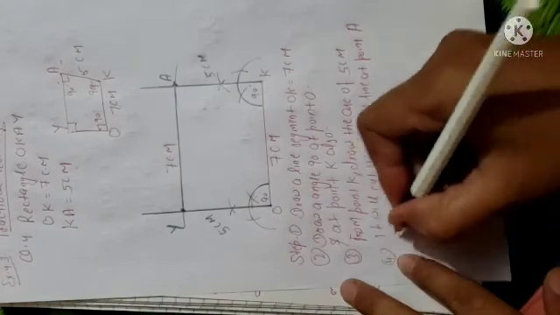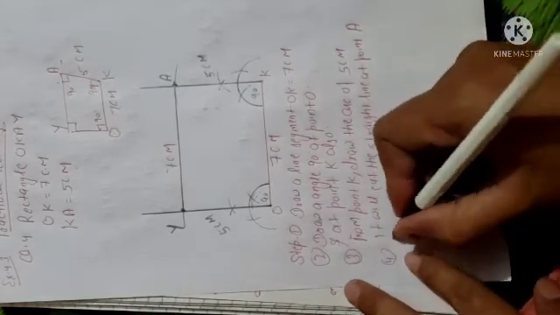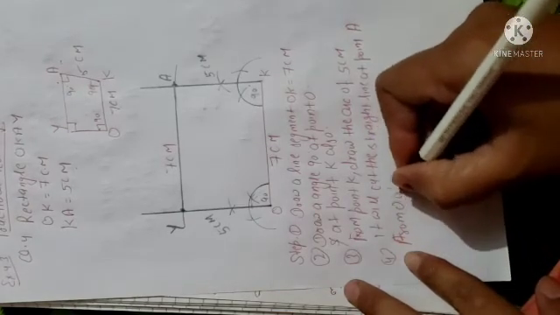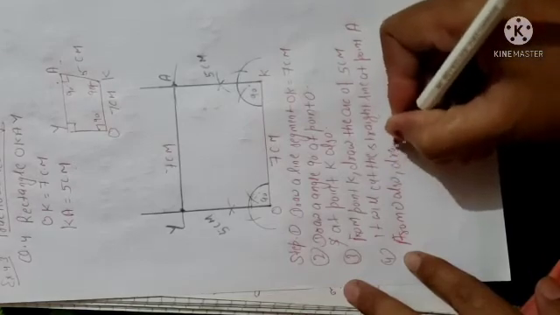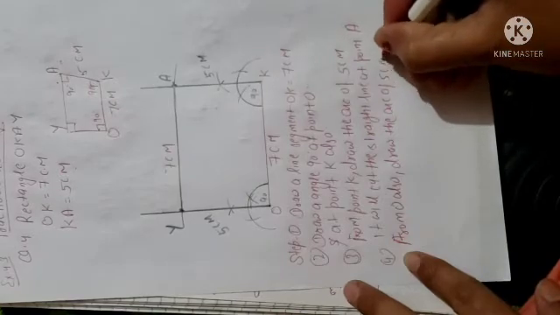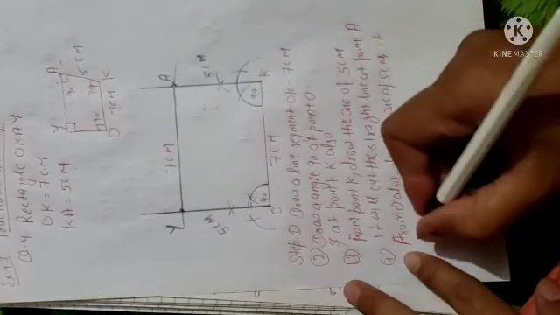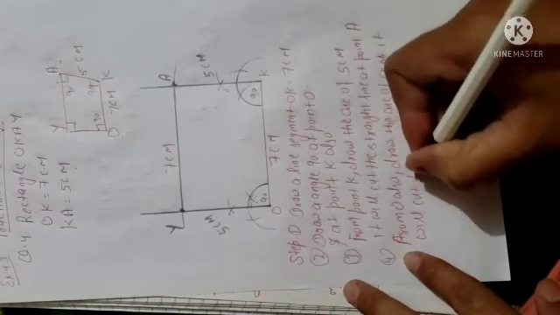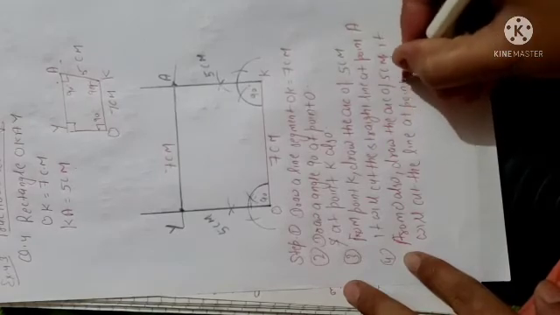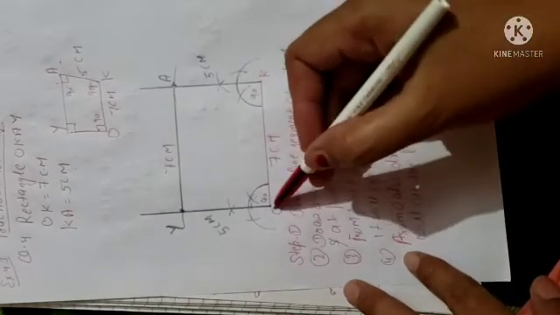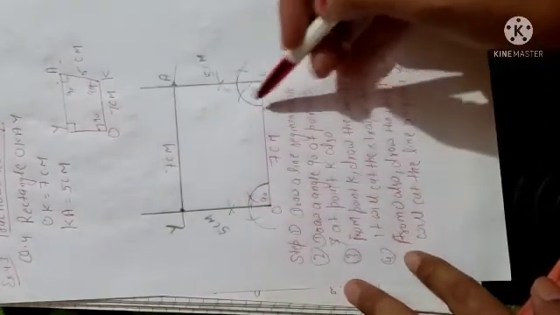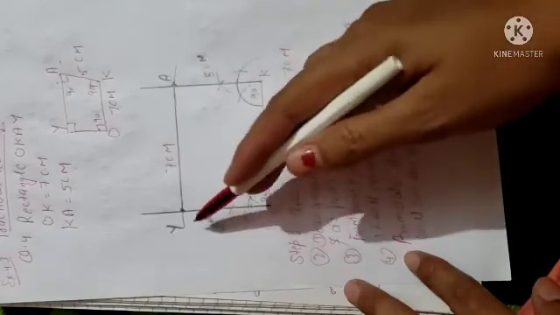And next, from same point O also draw the arc of 5 centimeter. It will cut the line at point Y. Clear? So you have to draw the arc at point O also and K also 5 centimeter, because both the opposite side length will be equal, and this length is already given 5 centimeter, so this one will be also 5 centimeter.